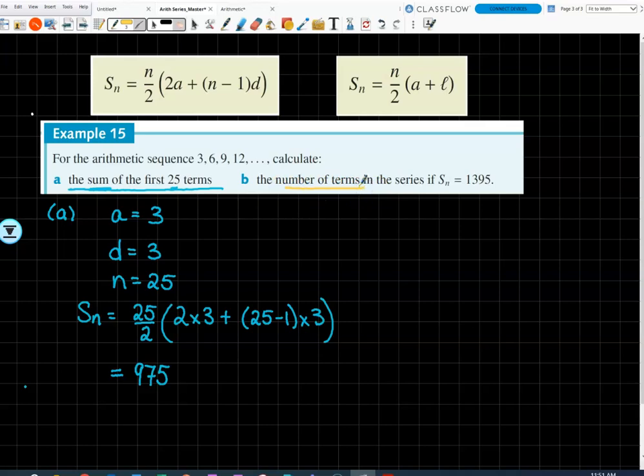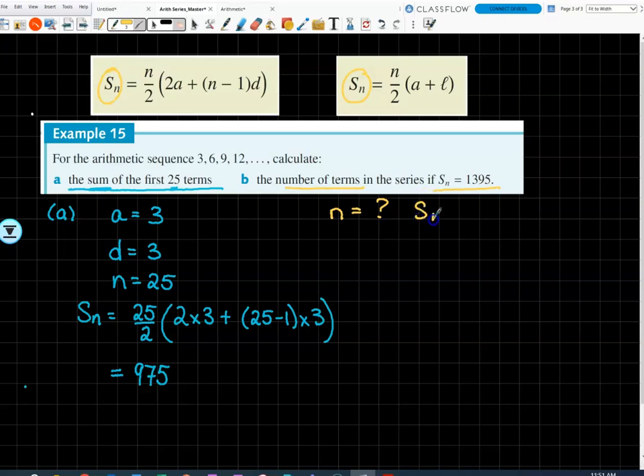Number of terms. What should I put? Good, N equals, so we're trying to find N, and this time we know that Sn, so the sum of all the numbers, is 1,395.